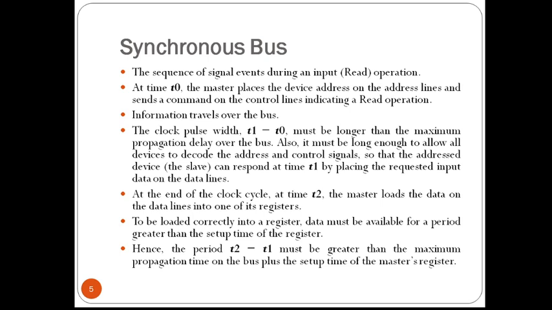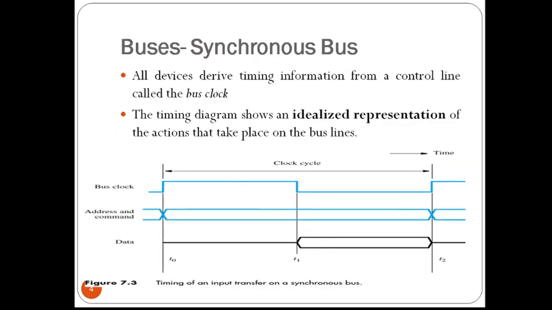It is also important that the slave takes no action or places no data on the bus before t1. You can see the data line from t0 to t1 is empty, it is a straight line. So it is not going to place any information here, before t1. The information on the bus will be unreliable during the period t0 to t1 because signals are changing state, from high to low or low to high.